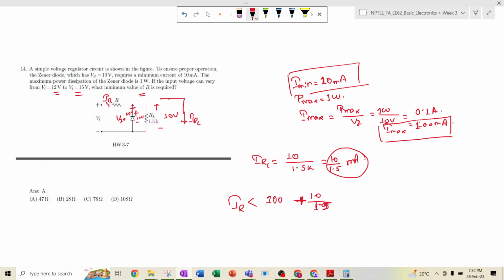So the total current flowing through the resistance R should always be less than or equal to 100 plus 10 by 1.5, right? Now this IR, the current flowing through the resistor R, can be written as VI minus 10 divided by R, and it should be less than 100 plus 10 by 1.5, right?